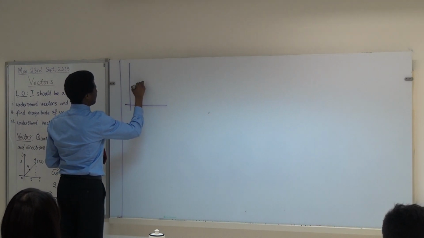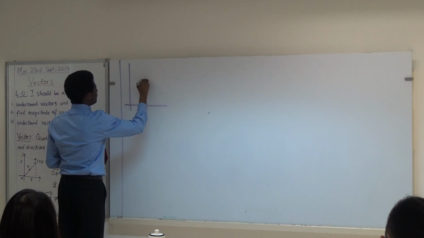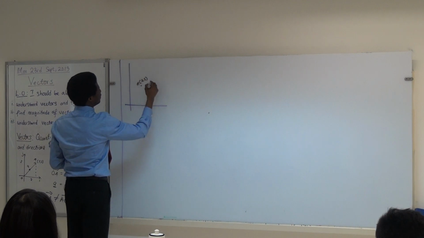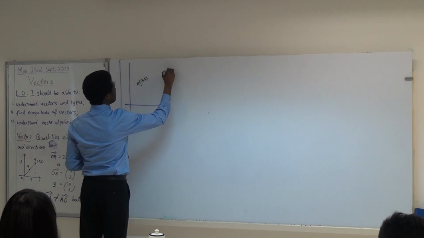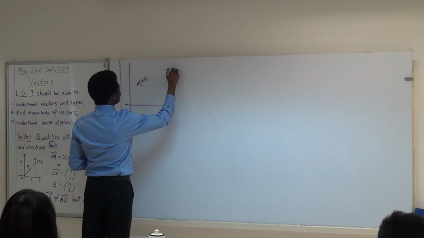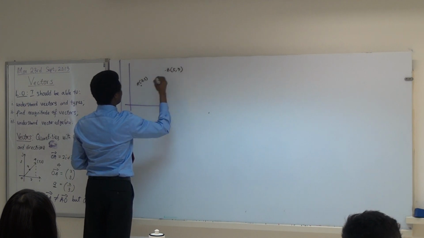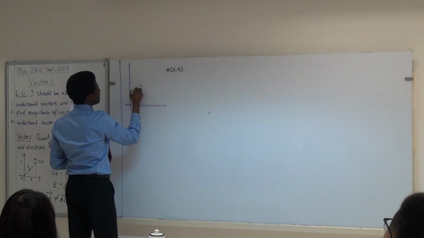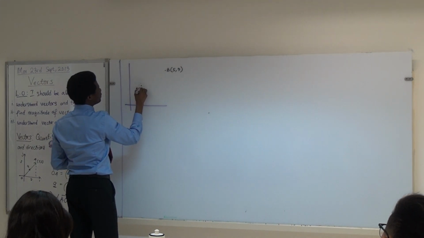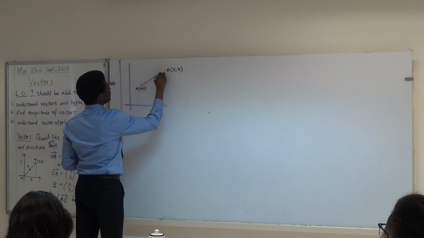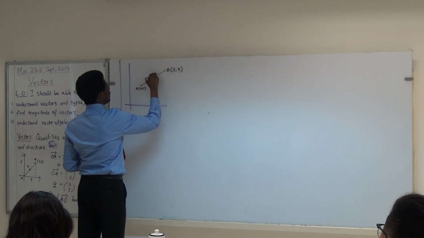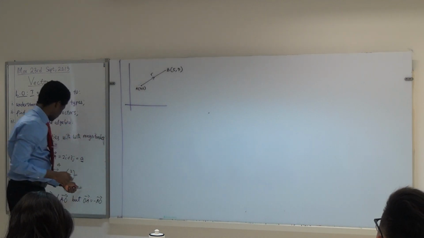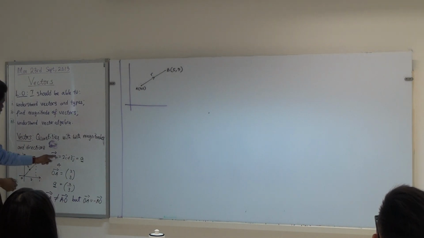This point A is maybe (2, 5) and this point B is maybe (5, 9). Can you write this vector in terms of this?